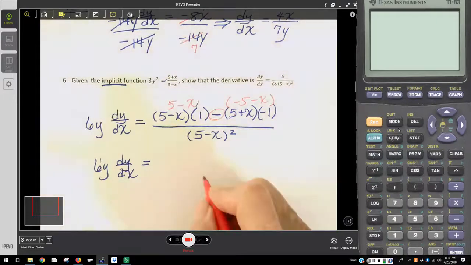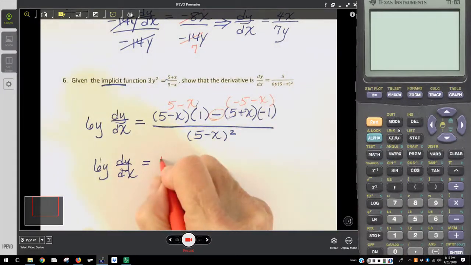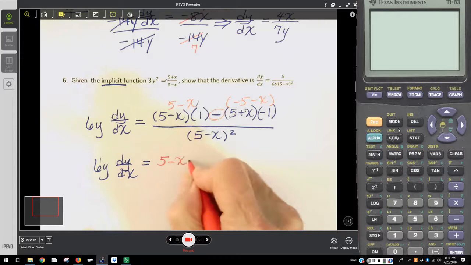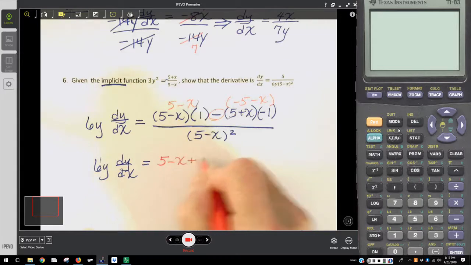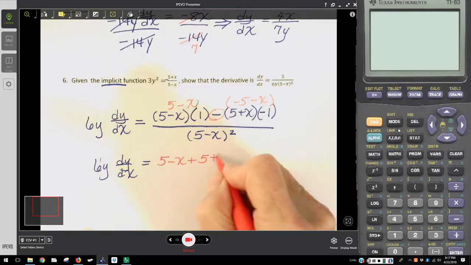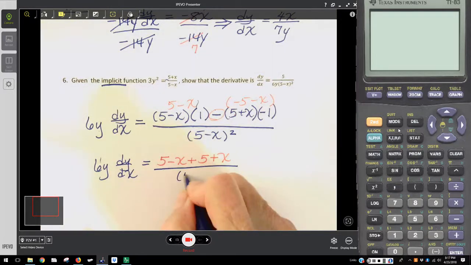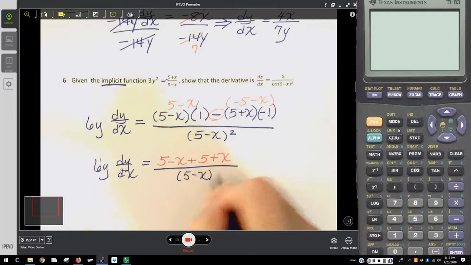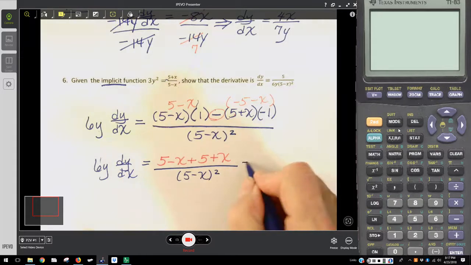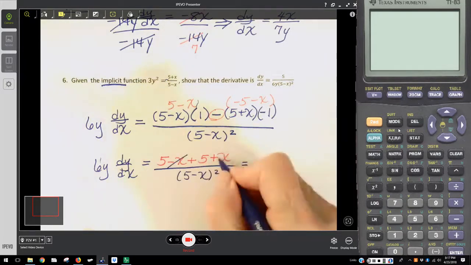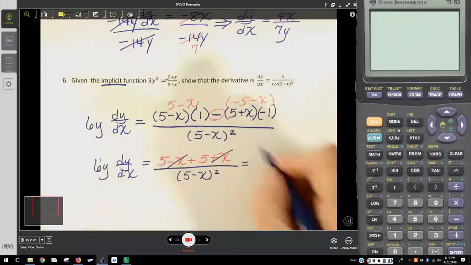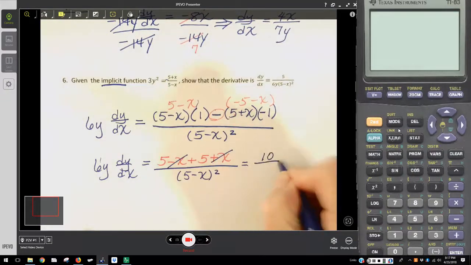But this is being subtracted. So what we actually have then is 5 minus x. Minus negative 5 is plus 5. And minus negative x is plus x. All again still divided by 5 minus x squared, which, since the negative x and positive x cancel out, is going to be 10 over 5 minus x quantity squared.